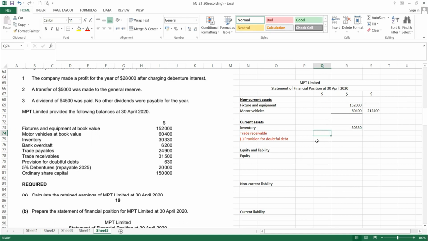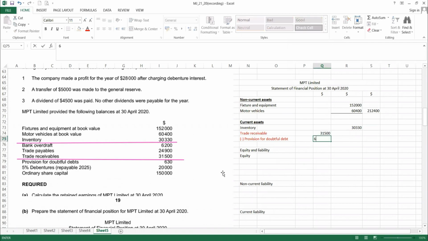Okay, now we can use the first column because we want to show the net amount. So trade receivables, as I said before, in case there are too many lines and you feel confused, you better draw a line in between so that you can see the numbers more clearly. Trade receivable amount is 31,500.